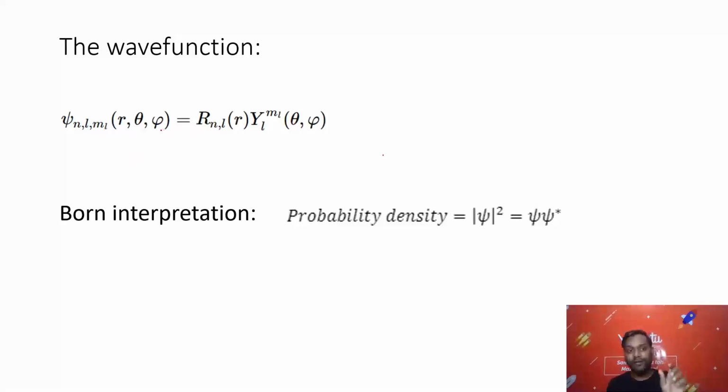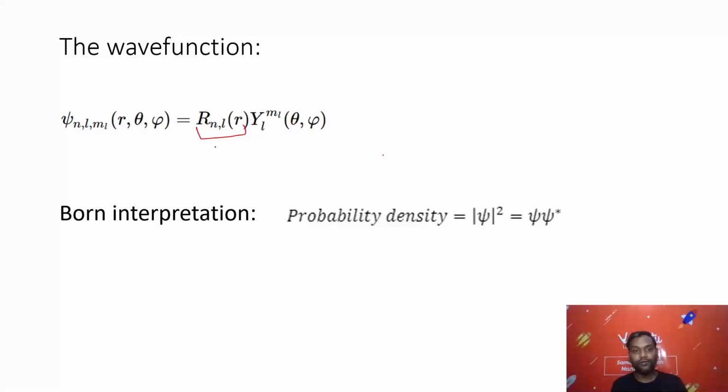Meaning, when we write the Schrodinger equation in r, theta, phi, we will be able to separate one term containing only the r variable, one term containing only the theta variable, and one containing only the phi variable. And then we will solve them separately and multiply them in the end to get the complete wave function.